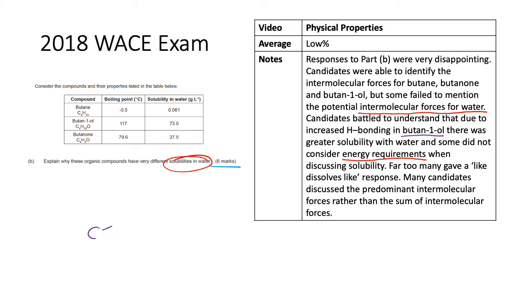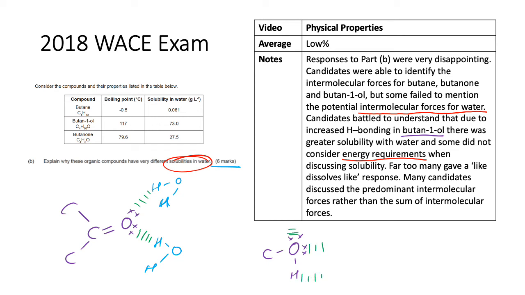The idea is that here's my ketone, and it can form 1, 2 hydrogen bonds with water. So a H2O, H, yeah, there we go, and another H2O here. Okay, that's a ketone. A carboxylic acid, an alcohol, 1, 2, 3, 4, plus the hydrogen, can form 3 hydrogen bonds with water molecules.